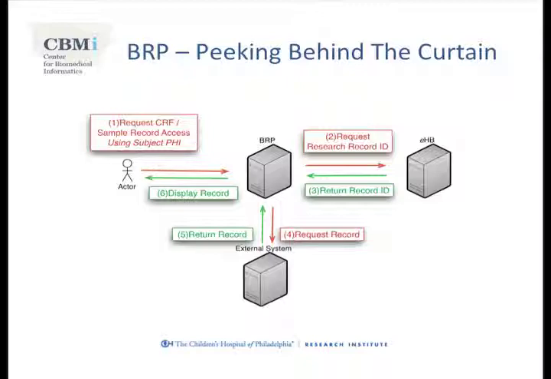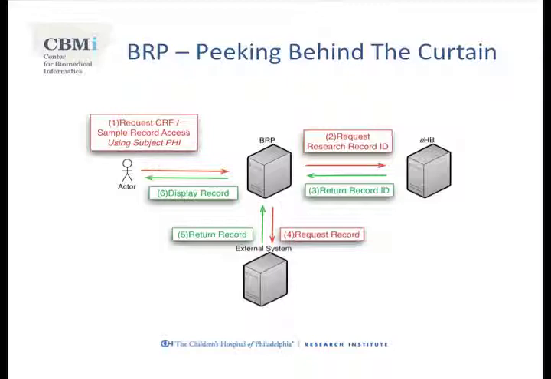So the biorepository portal, step 2 here, goes to the electronic honest broker. The portal knows the patient's name, the medical record number, and that the system it wants to look in is REDCap. It asks the honest broker, effectively, do you have a record associated with that information? It turns out that it does, and the honest broker returns that record ID to the biorepository portal.